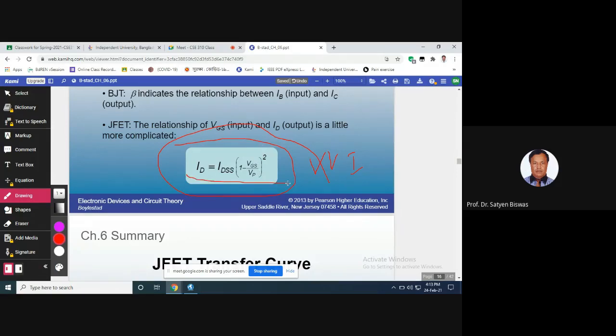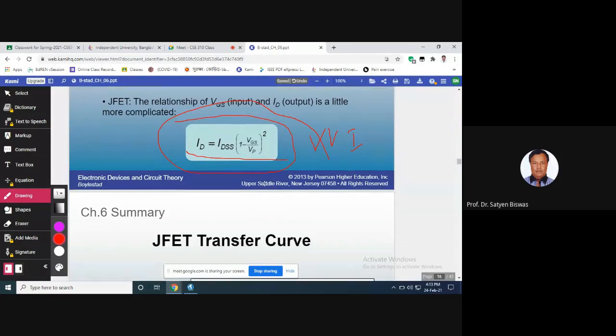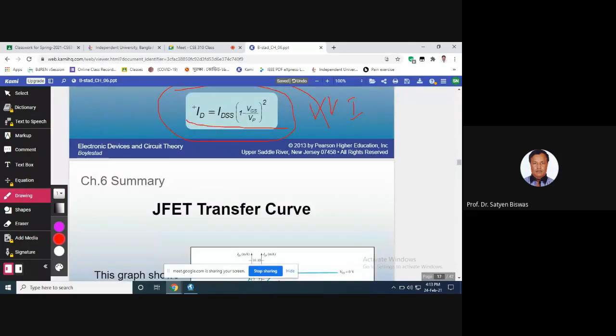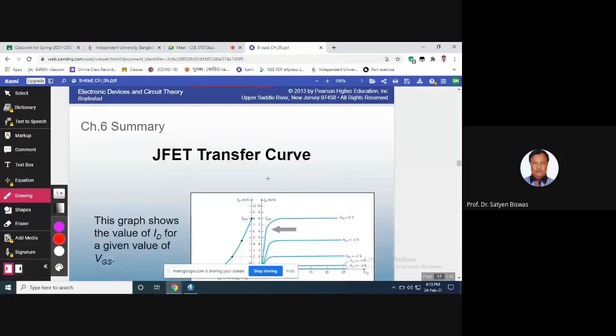So by using this formula, we can calculate the current at any point corresponding to some pinch-off voltage or corresponding to some saturation current, right? So many things we can calculate, or even we can calculate the ID corresponding to VGS or corresponding to VP, right, by using this formula.